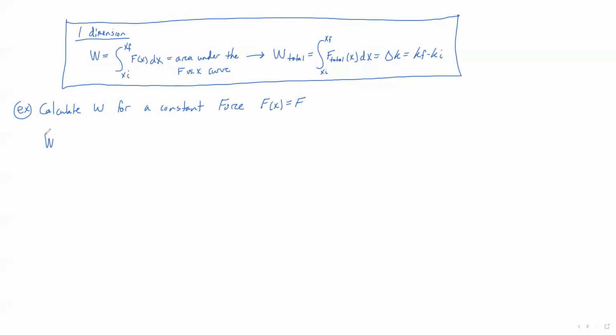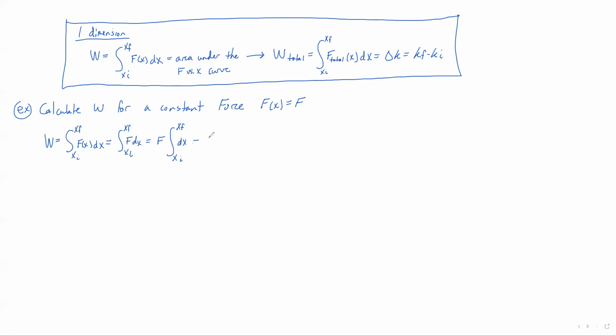Well, we know that work is equal to the integral from xi to xf of F of x dx, right? There's our integral. Well, I know that F of x is a constant. So it's just F dx, which I know I can pull out of the integral because you can pull all constants out of an integral. So it's the integral from xi to xf of dx.